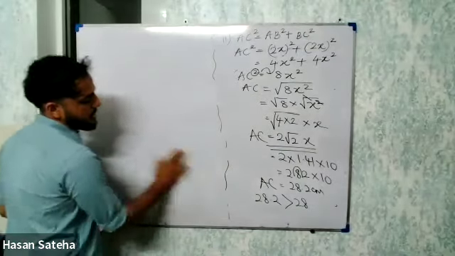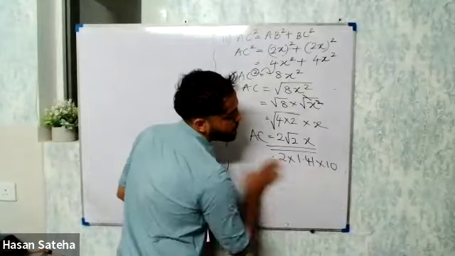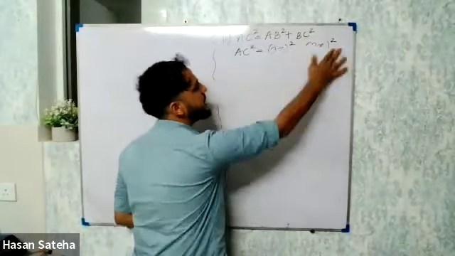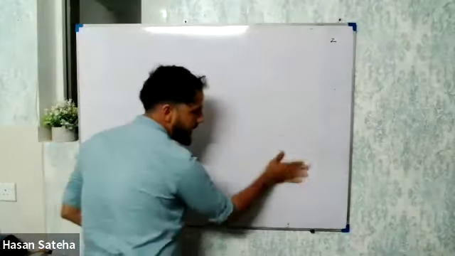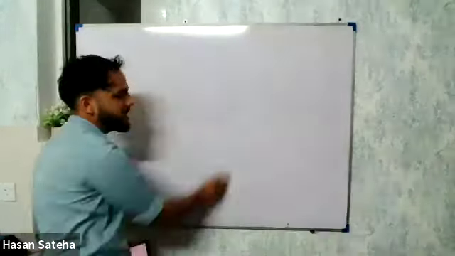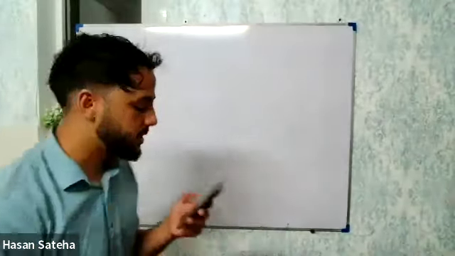That means if you have two unknown terms, we need two simultaneous equations. If you have three unknown terms, we need three simultaneous equations. But then in your syllabus, there's only two unknown terms, so don't have to worry, right? So you will always need only two simultaneous equations, right?